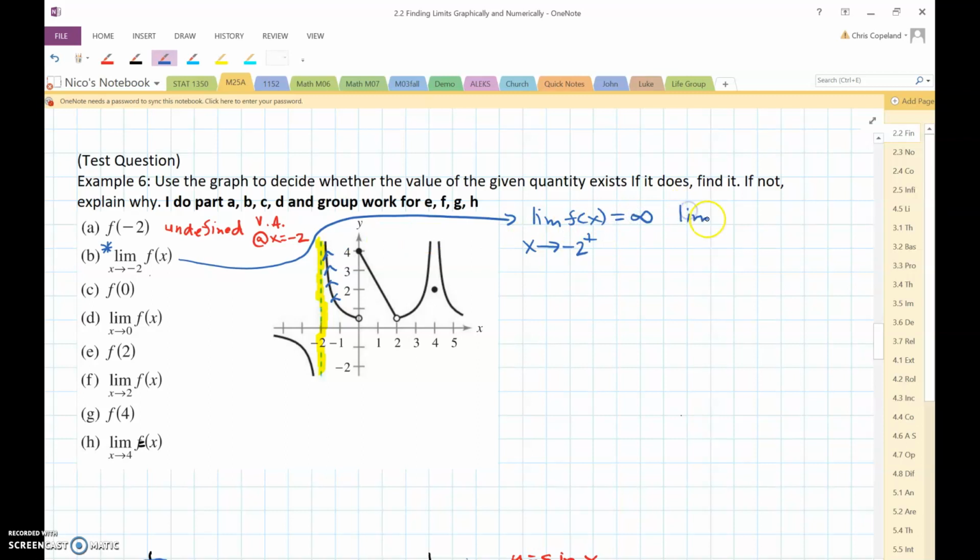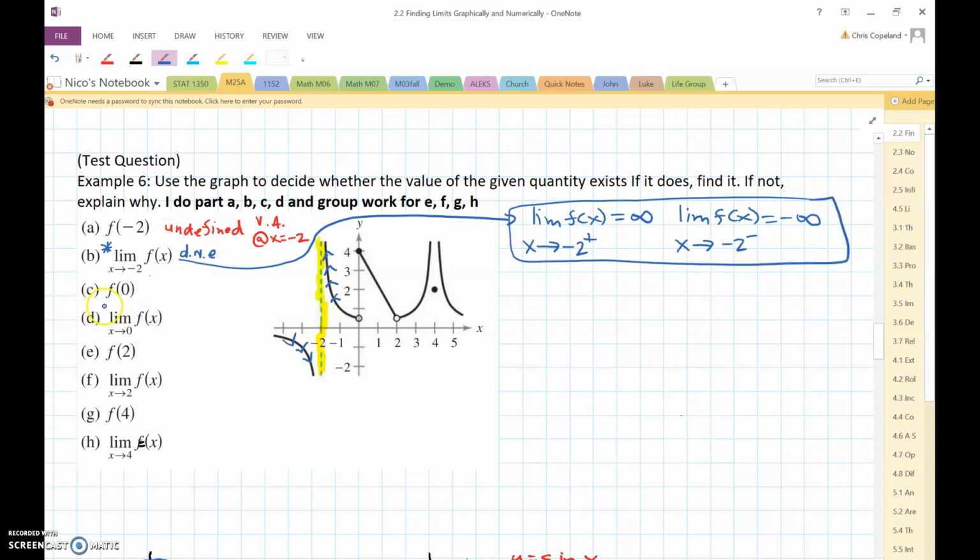And then look at the limit of f of x as x approaches -2 from the left. Well, that's approaching negative infinity. Therefore, because of that, this limit does not exist. And this would be your explanation.